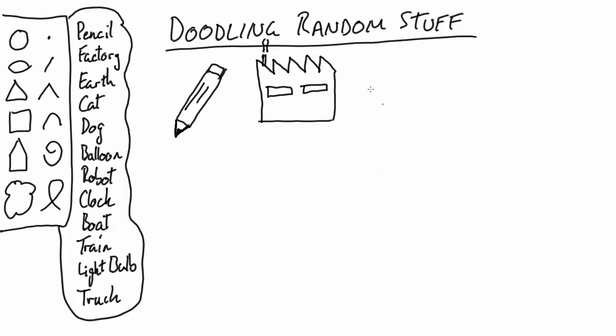Let's give ourselves a little bit more space to doodle the factory. Up, up, up, up, down. There you go, there's the factory. There, like another chimney here. There we go, perfect. There's a factory. Again, nothing complicated, but gets the message across.